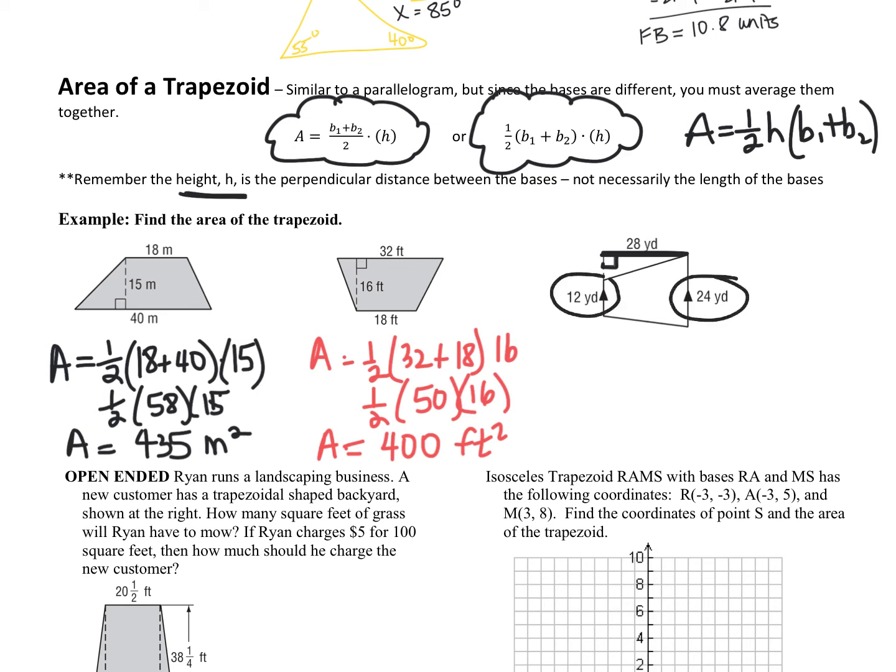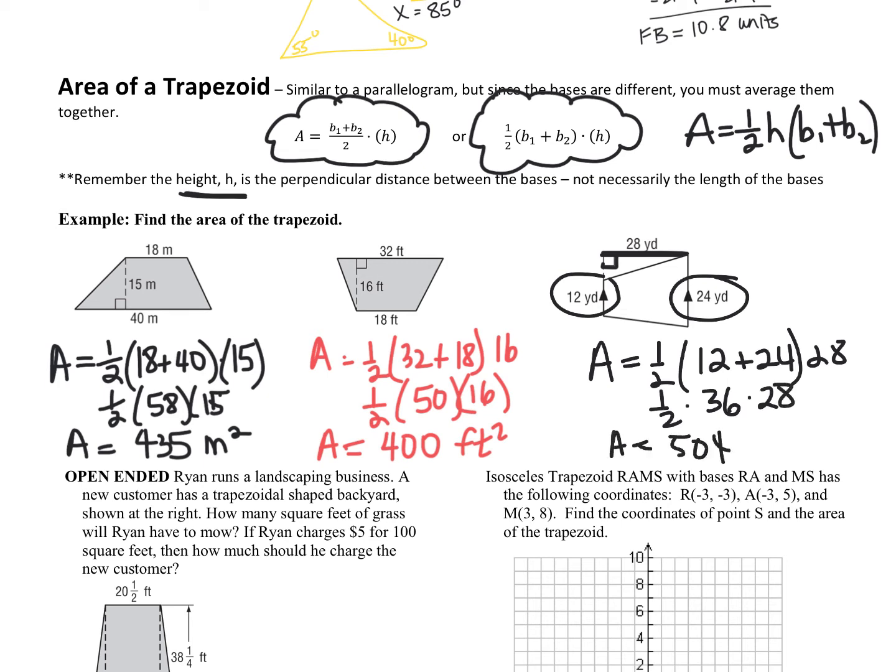And so the area is 1/2 the bases added together times the height. So it's not always the top and the bottom. Okay, and now I have 1/2 of 36, which is 504 yards squared.